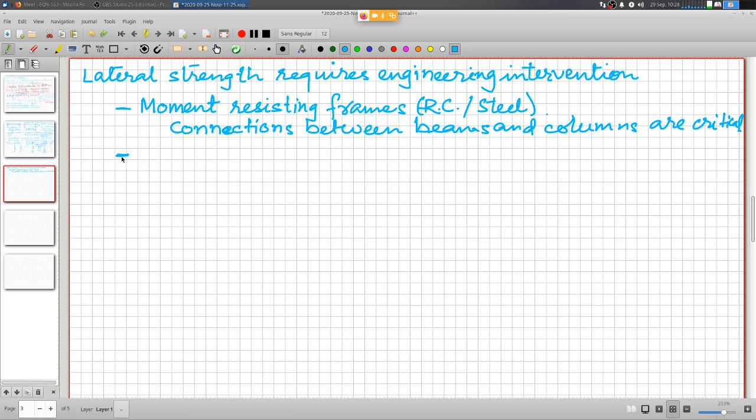So what is the best way to control the deformation in the lateral direction? Please tell me, how does a beam develop its resistance to transverse loads? Can anybody tell me?